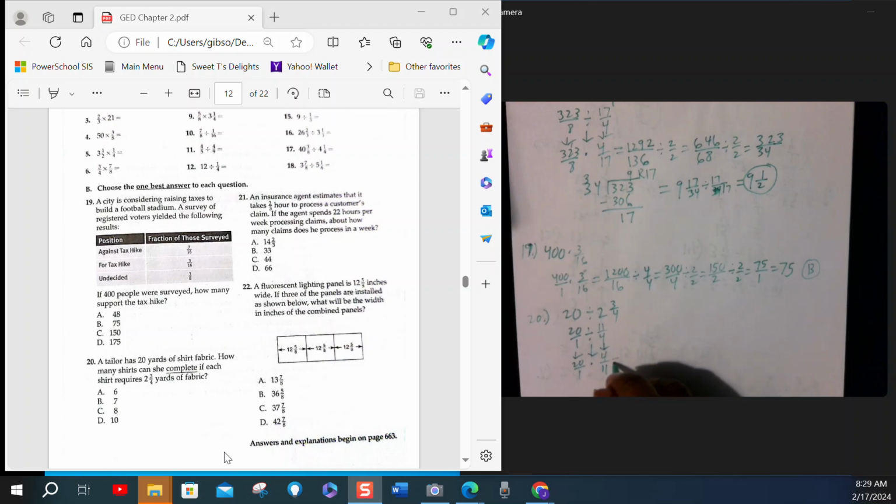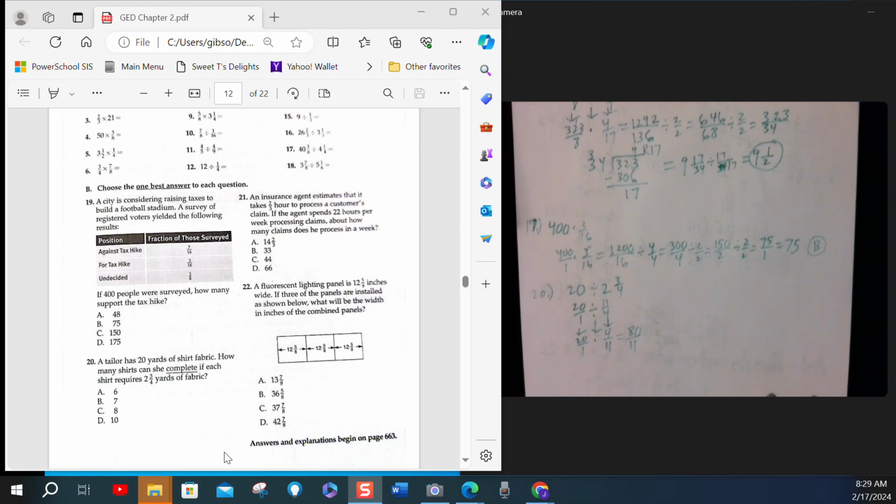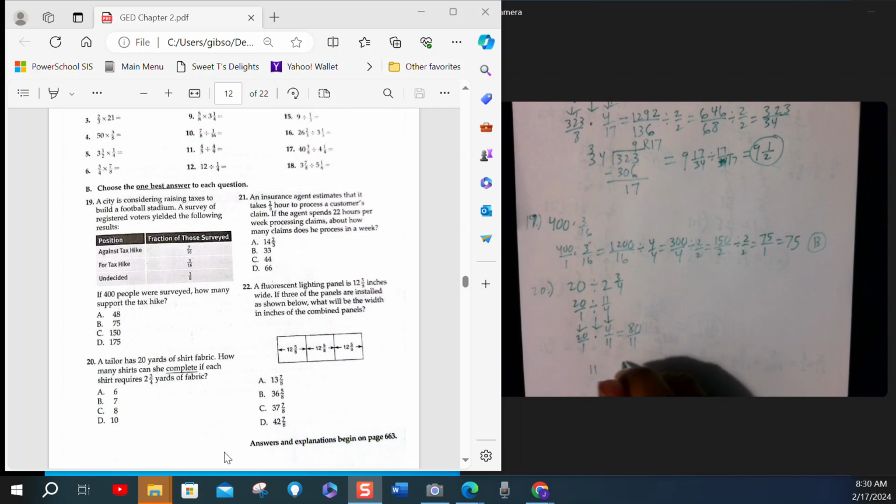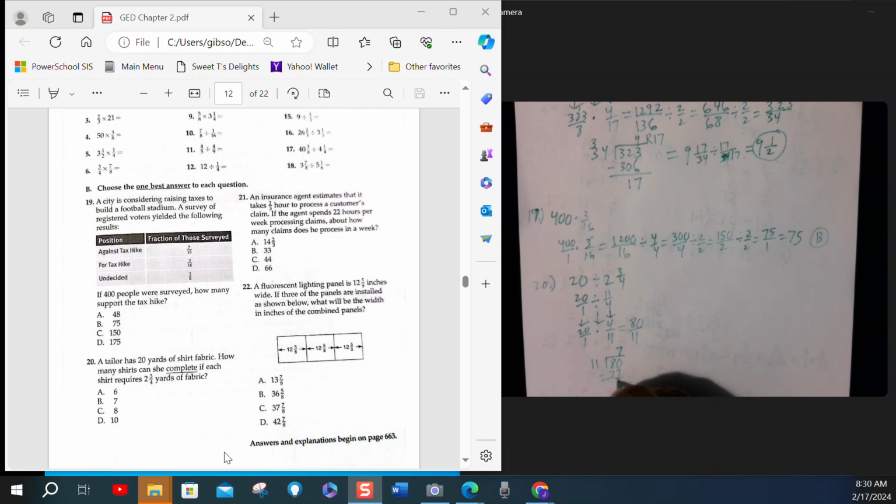So now we multiply. 20 times 4 is 80, and 1 times 11 is 11. Now we would take 11 into 80. 11 goes into 80 7 times. 7 times 11 is 77. 80 minus 77 is 3. So we have a remainder of 3. So our mixed number would be 7 3/11.